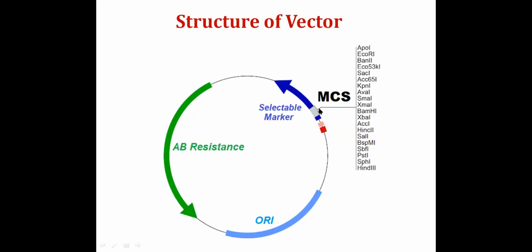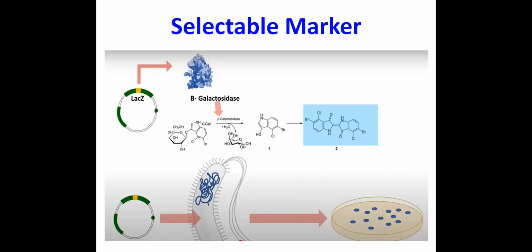This is the place in the vector that provides the space where your DNA, or your gene of interest, will come and bind. So why is this MCS present inside the selectable marker? We will see that in the next slide.